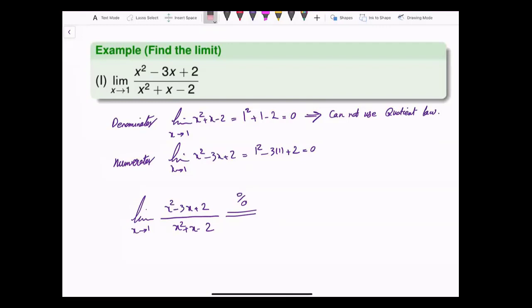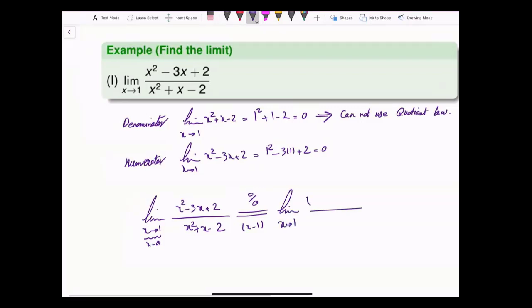Well, see, what is the vanishing factor here? It's x minus 1. As I said, if x approaches a, in this case, if x approaches 1, x minus a is the vanishing factor. So we have to find the factors from the numerator and denominator, which are both x minus 1.